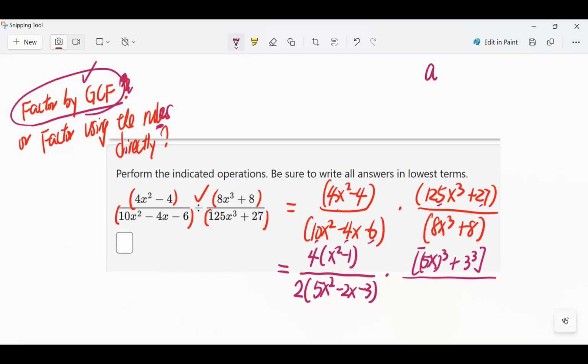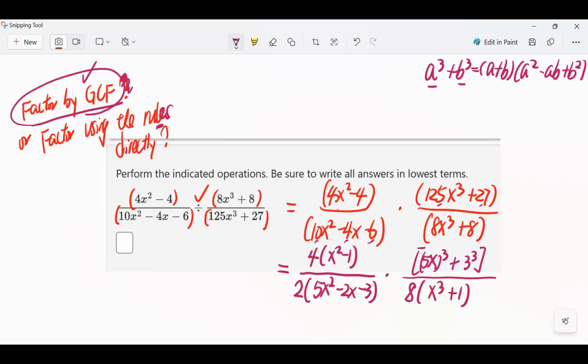If we have a cubed plus b cubed, it will be a plus b times a squared minus ab plus b squared. But we need to know what a and b are. That's why it's easier to do the prep work first. On the bottom, we're going to factor out the GCF 8. So it's x cubed plus 1.